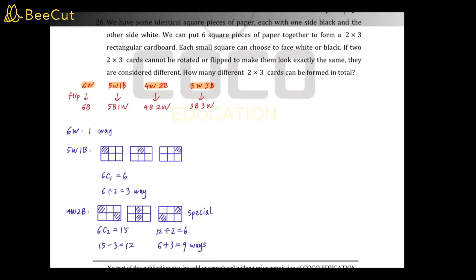Now, 3 white, 3 black. Okay, so we know that the total is 63. There are 20 different patterns.